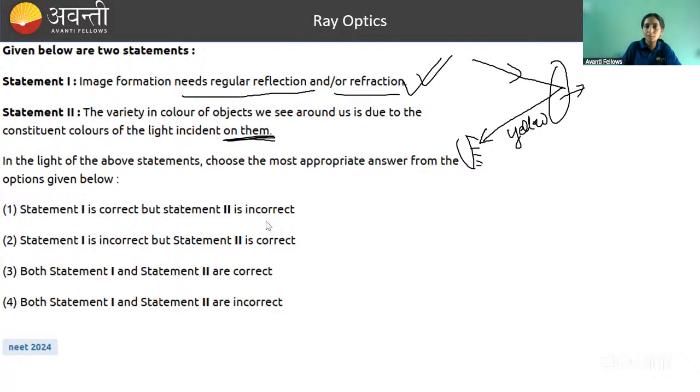So the variety in color of objects we see around us is due to the constituent colors of the light incident on them. Here light is incident, it has different colors, and a particular color is getting reflected, and that color we are able to see. So statement 2 also fits what? Correct. So the correct option will be: both statement 1 and statement 2 are correct.